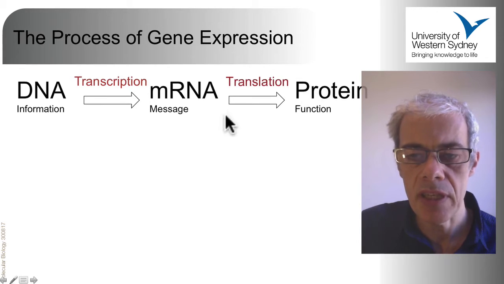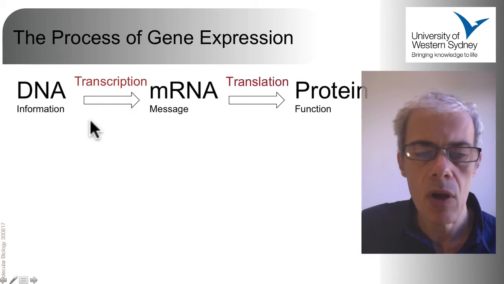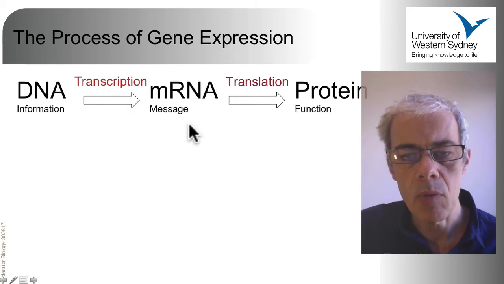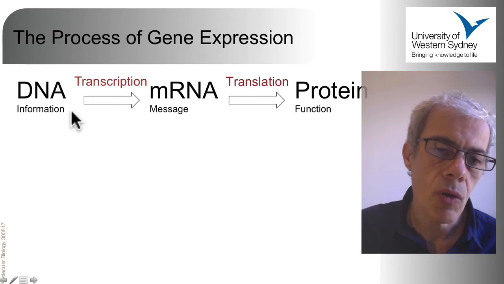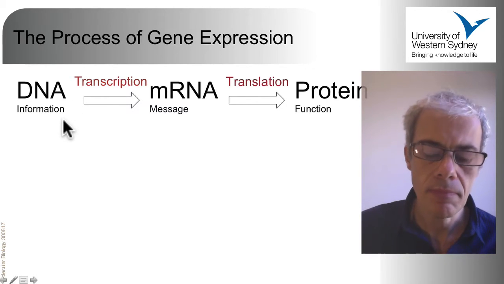And we looked at protein synthesis in the first lecture, and we've looked at the flow of information in the second lecture. And what we're going to be focusing on this lecture is the control of transcription, which is an early stage in the processing of information.